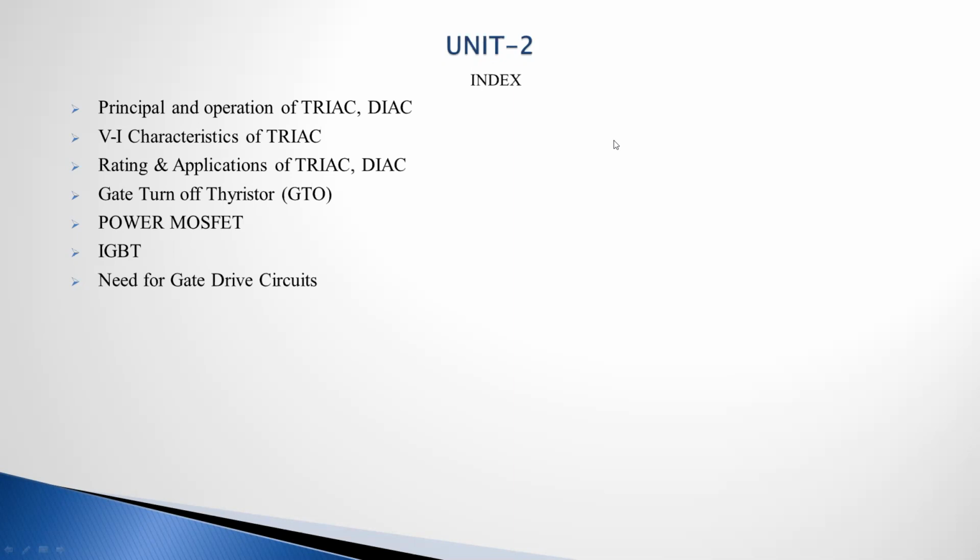In the second unit, we have to discuss some more devices, that is the triac, diac, gate turn-off device, MOSFET, IGBT and so on. Here in the second unit we have to see the operation of all these devices and check their voltage and current characteristics, that is the VI characteristics.